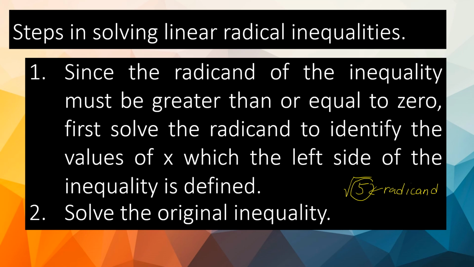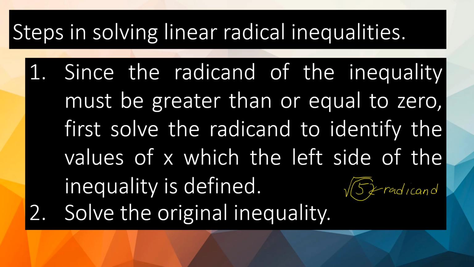And whenever we have square roots, your radicand should always be positive, so we avoid negative values for our radicand. So the first step is to find the values of x which will make your radicand greater than or equal to 0. Now after we solve that, the second step will be to solve the original inequality.